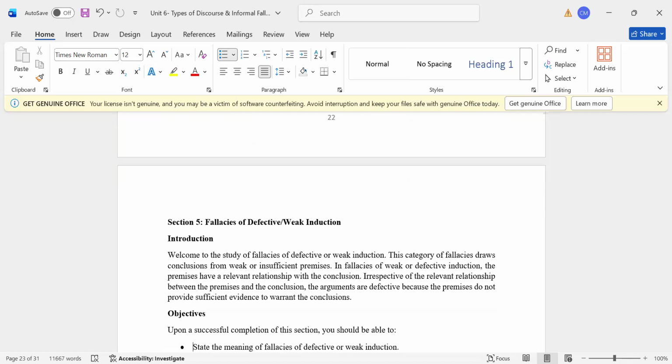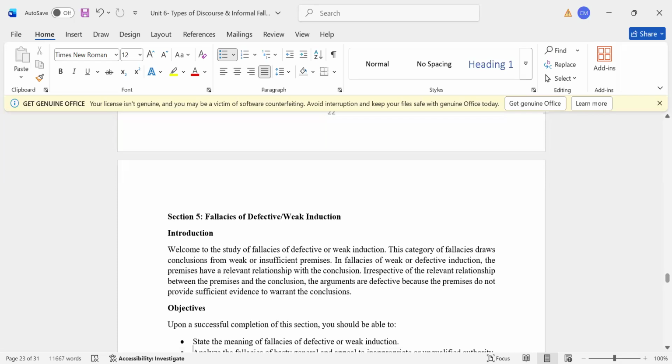But with fallacies of defective induction, or fallacies of weak induction, the evidence is actually there, but the evidence is weak or defective. It is not enough to serve as a basis for you to draw a conclusion, or to serve as a basis for the conclusion that you have drawn. The evidence is too weak to support the conclusion.